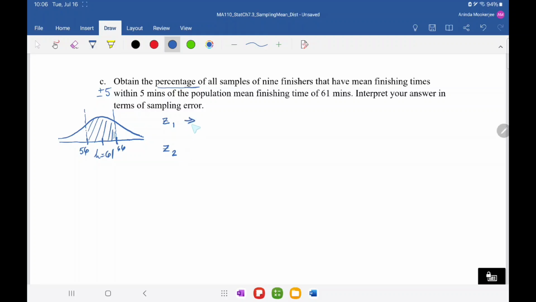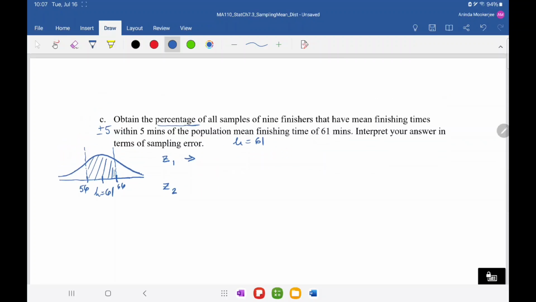If X sub 1 is 56, here mu equals 61. This is a follow-up question from the previous problem, so the mean is 61, and the standard deviation was 9, and the sample size that we must use is 9, correct? So n is going to be 9.